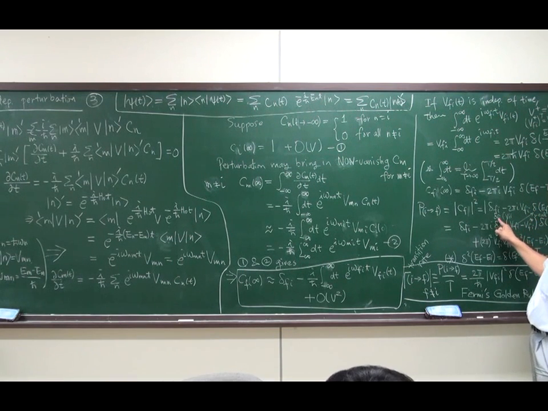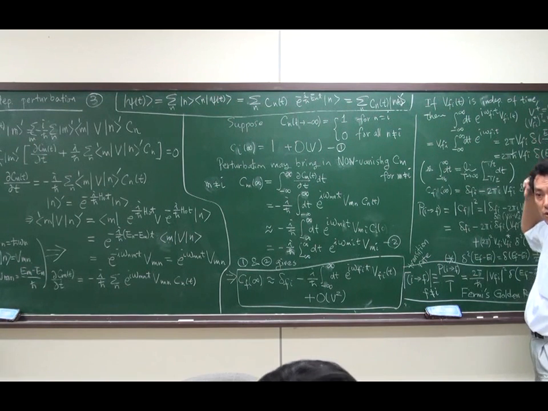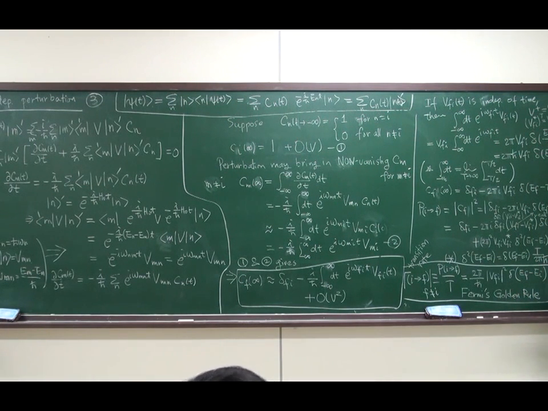I have to keep this delta_fi here, minus V_ii complex conjugate. So in that case, if I put f equals i, then these two values must be the same. Only for the diagonal component it is real. So it vanishes.